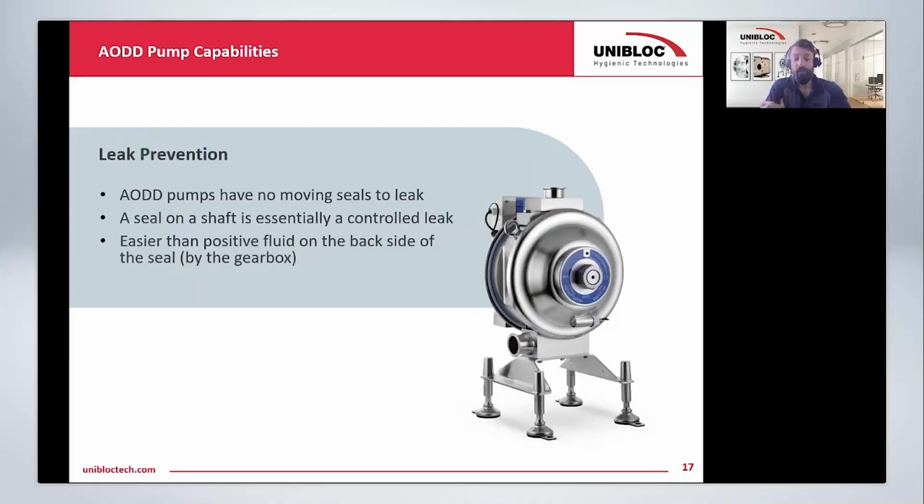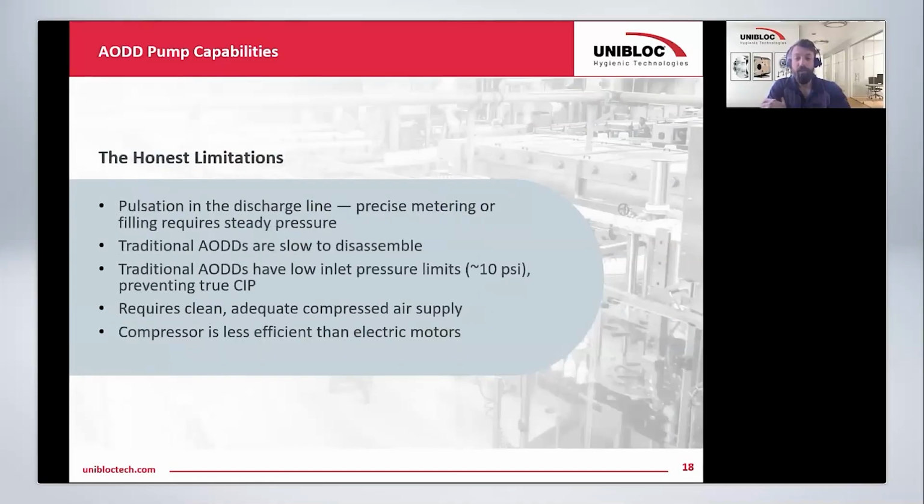And so we spent a long time talking about the benefits and why you would pick an AODD pump. But now we're going to talk about some really good reasons why you shouldn't pick them. Because of how they work, that diaphragm's moving back and forth, there is a very pulsed flow. It's moving one chunk of fluid, and then it's moving another chunk of fluid.